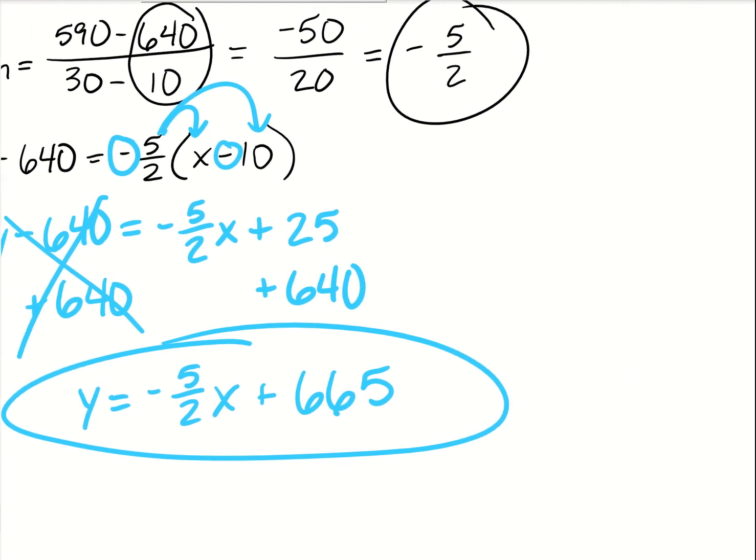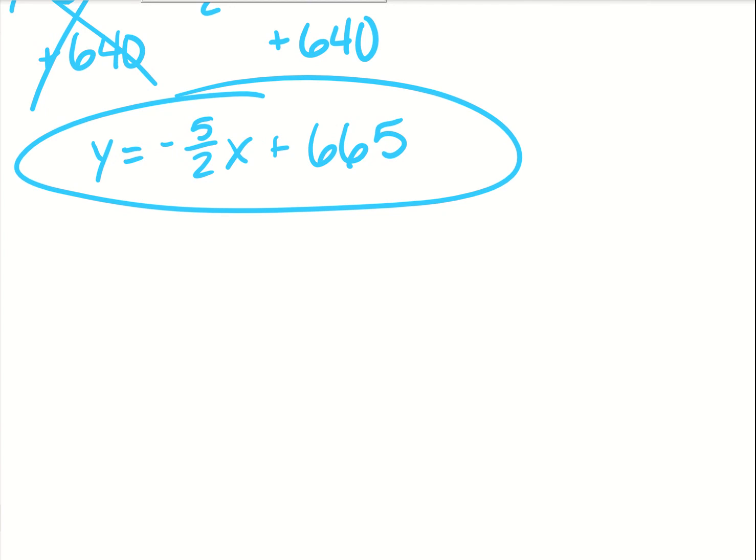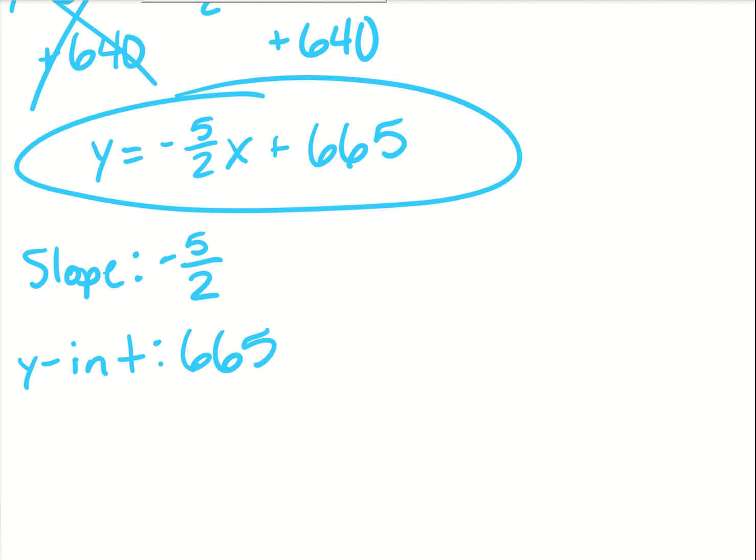Now we need to interpret this. We need to look at the slope being negative 5 halves, and then our y-intercept is going to be 665.